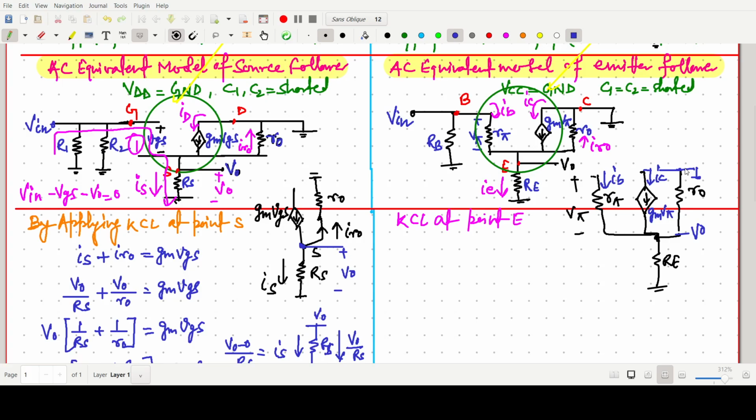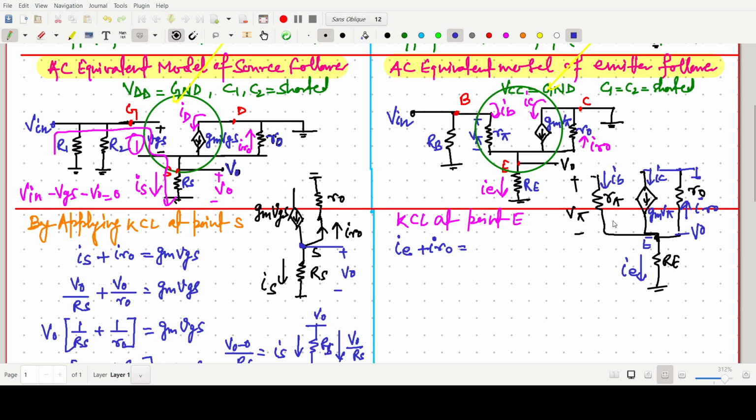Okay, so if we apply KCL at point E, the total outgoing current is IE, which we can say is IE plus I R naught.